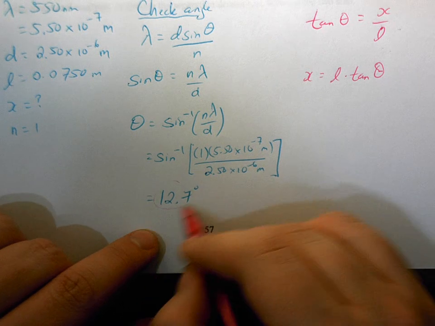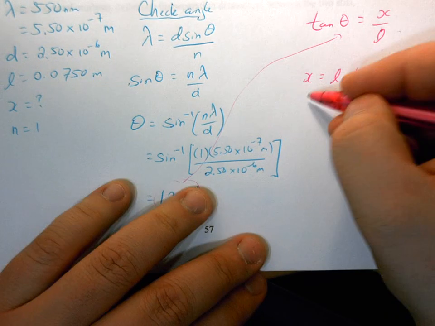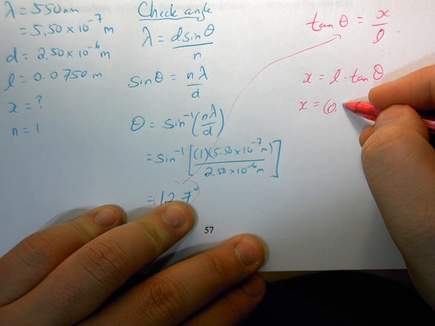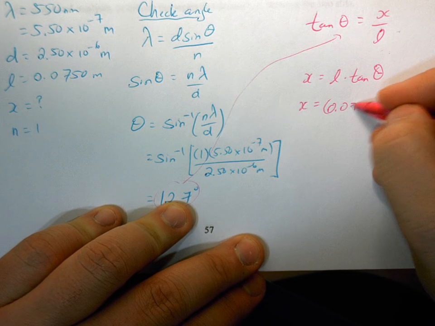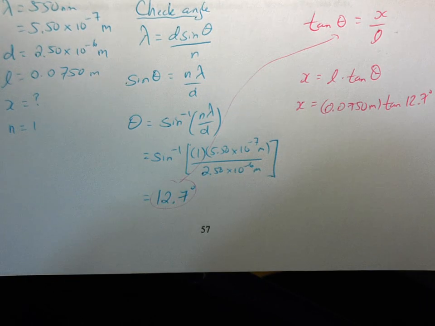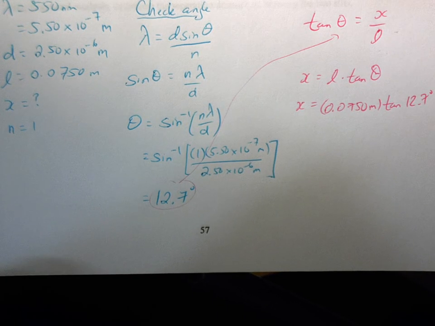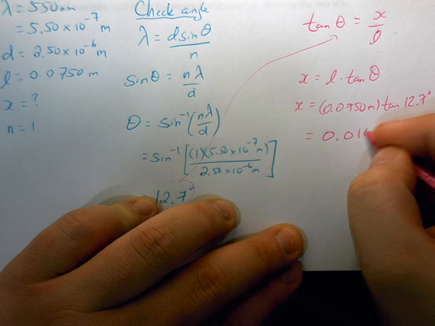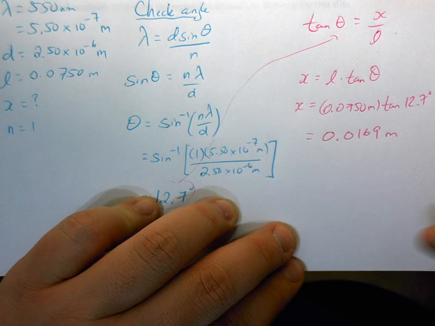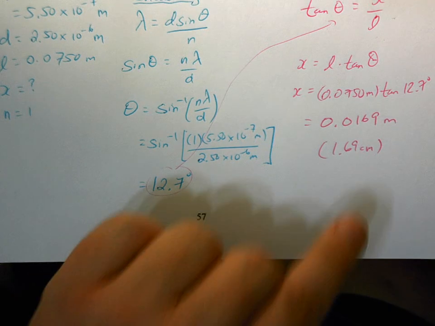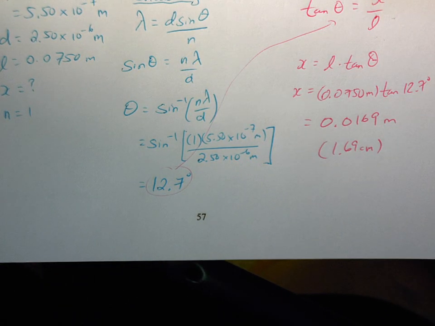So we've got 0.0750 meters times tangent of 12.7 degrees. And for this, we are going to get about 0.0169 meters, or we could say 1.69 centimeters. So that's what we're going to get. We had to use the long way to do it.